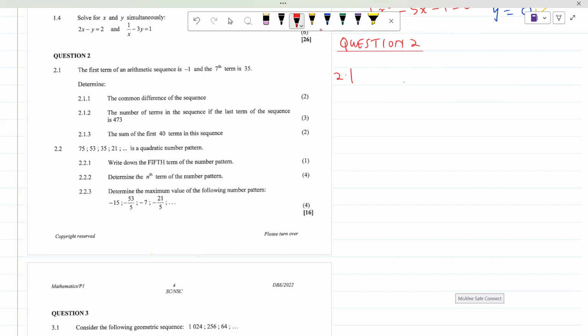The first term of the arithmetic sequence is -1. The seventh term is 35. Determine the common difference of the sequence, for 2 marks. What do we do here?